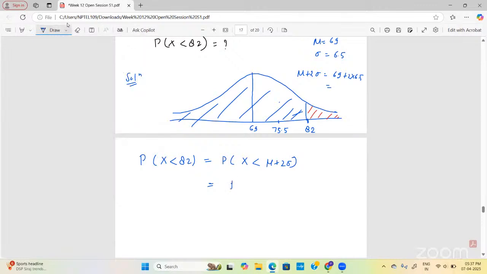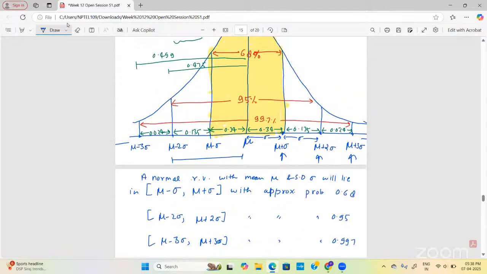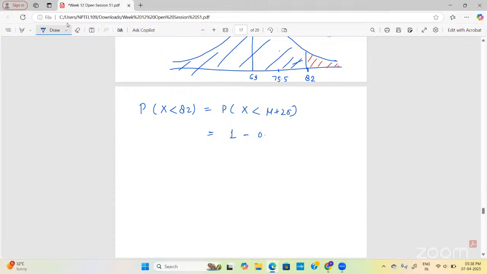So from the entire 1, we can subtract this red region. Then we will be left with the probability that x is less than 82, right? And we know that above mu plus 2 sigma, it is taking 0.024 of the region approximately. So 1 minus 0.024 will give you the probability that x is less than 82, 0.97 something.